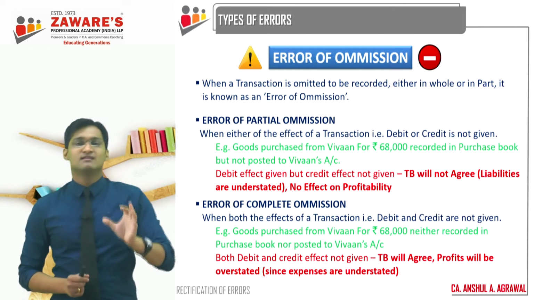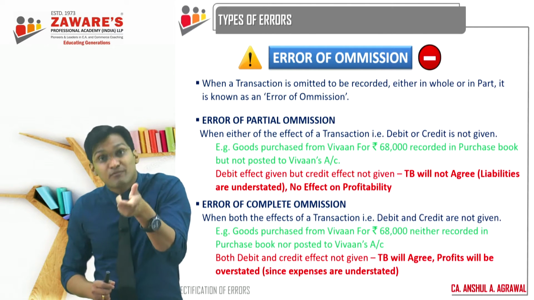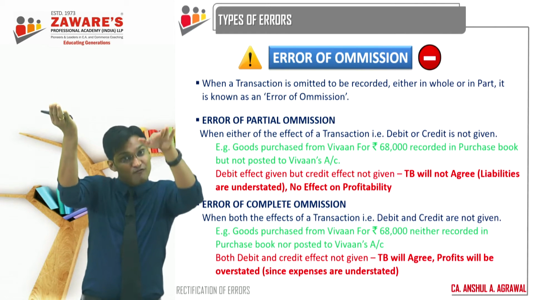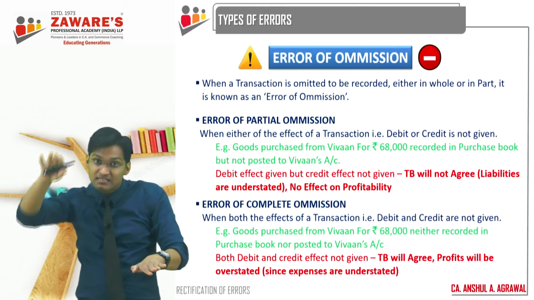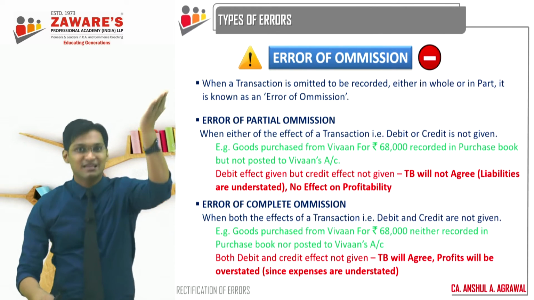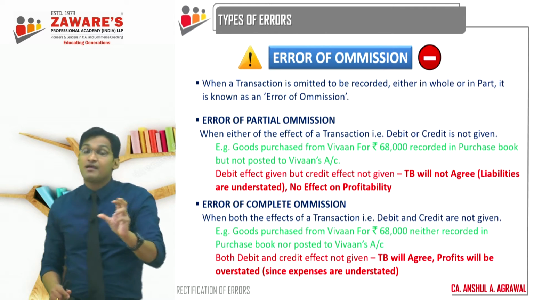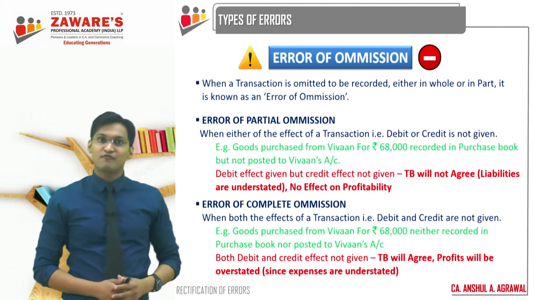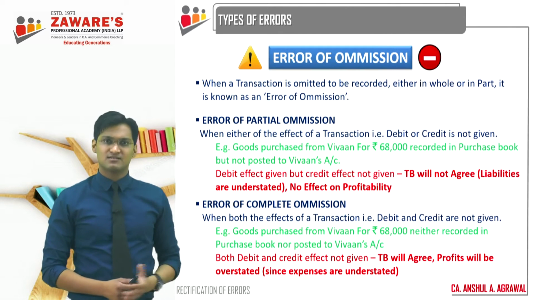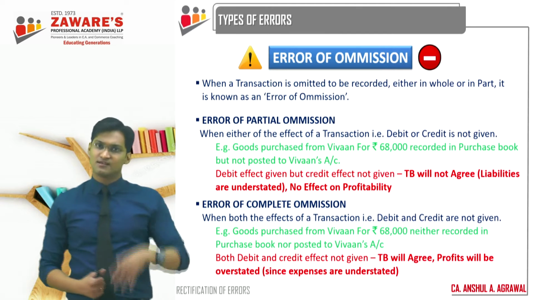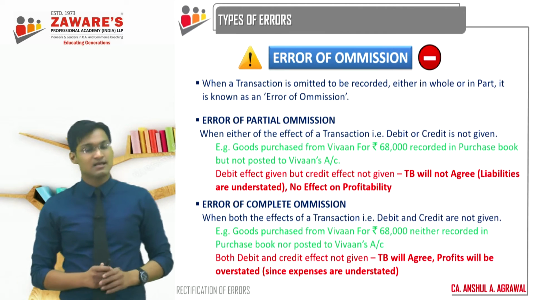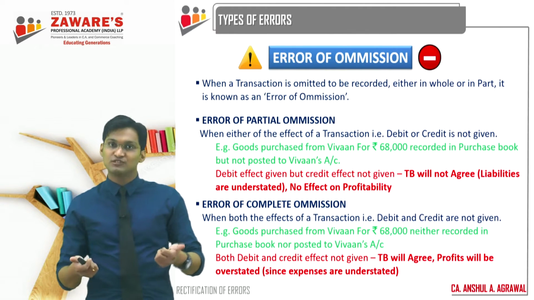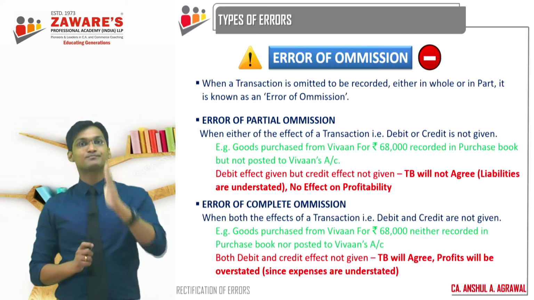So can I say that expenses are inversely proportional to profit? It means if my expenses increase, my profit decreases, and if my expenses decrease, my profit increases. And can I say my revenues or my sales or my income is directly proportional to profit? Yes. If my sales increase, my income, my revenue increases, my profits also increase. Correct? So this is the first type of error, error of omission, error of partial omission, error of complete omission.